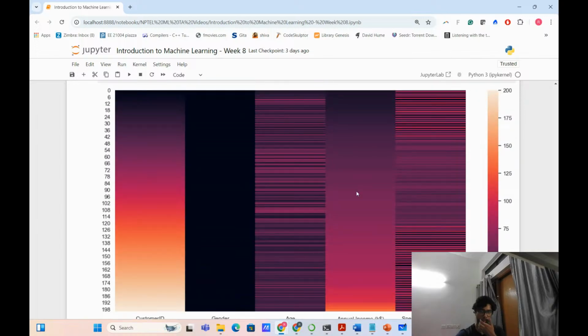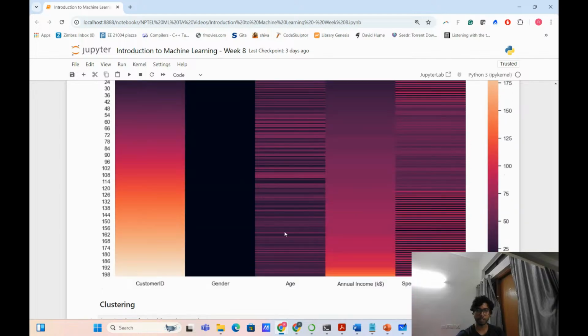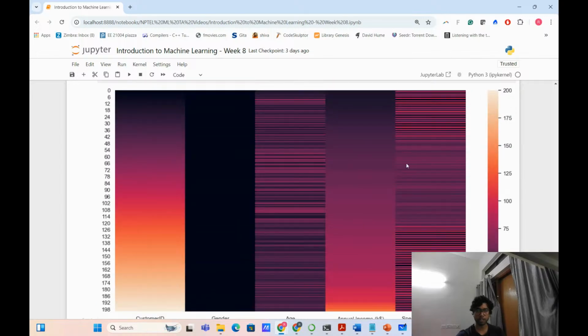The redder lines mean they have higher value of age, and again for different variables. So this is the age variable, this is the annual income variable, this is the spending score variable. So black means lower spending score, and red or orange means higher spending score.